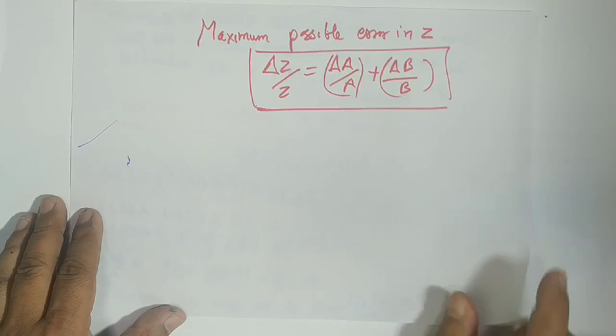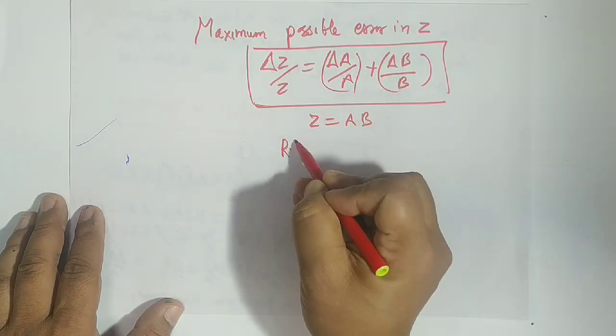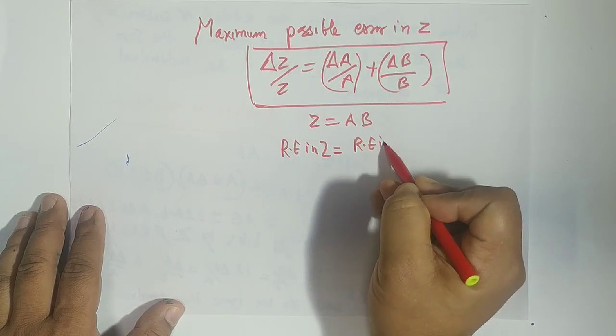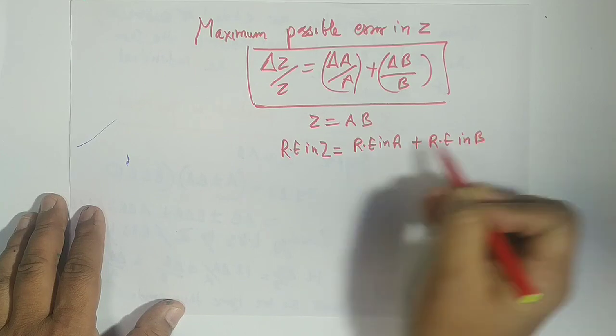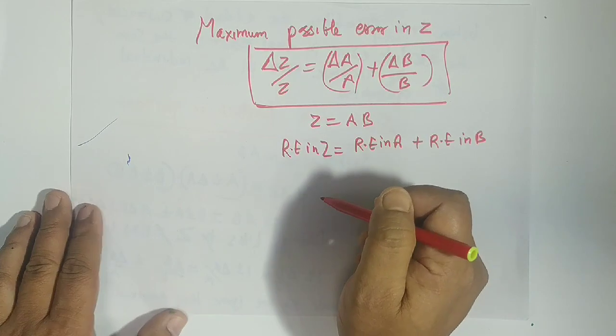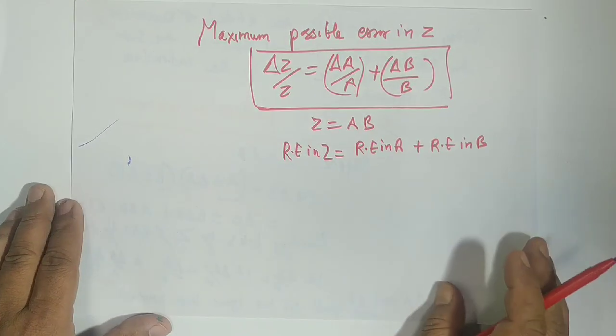Then certainly this can be directly remembered: when Z is AB, we write that relative error in Z is the sum of relative error in A plus relative error in B. Why? Because Z is related with A and B. It's like V equal to IR, Ohm's law. It is like power equal to VI, which you have gone through in class 10. So these are products.